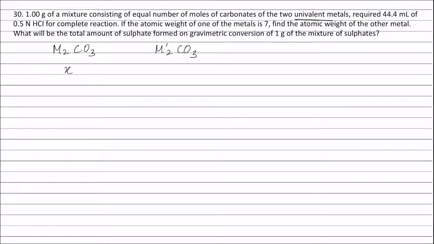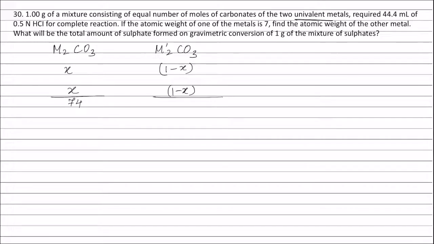Therefore, weight of M'2CO3 will be 1 minus x grams. Therefore, moles of M2CO3 will be weight of M2CO3, that is x, divided by molecular weight of M2CO3, that is 74, and moles of M'2CO3 will be 1 minus x divided by molecular weight of M'2CO3.